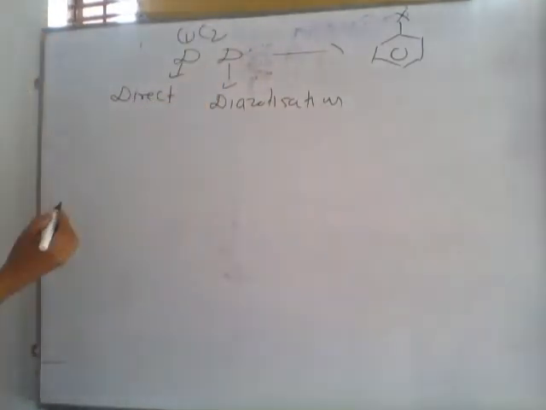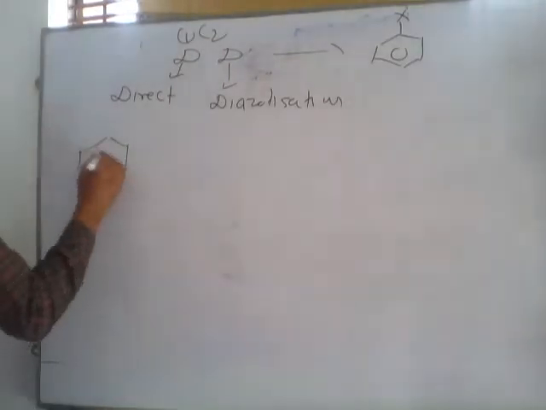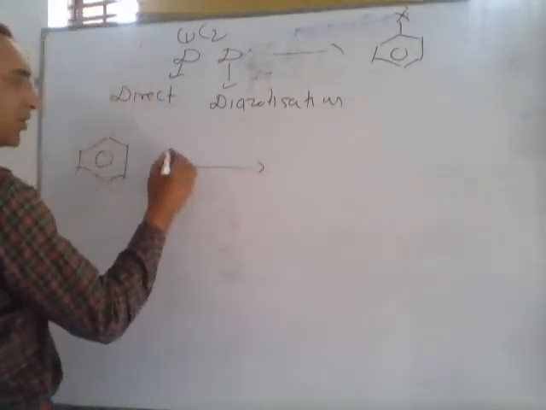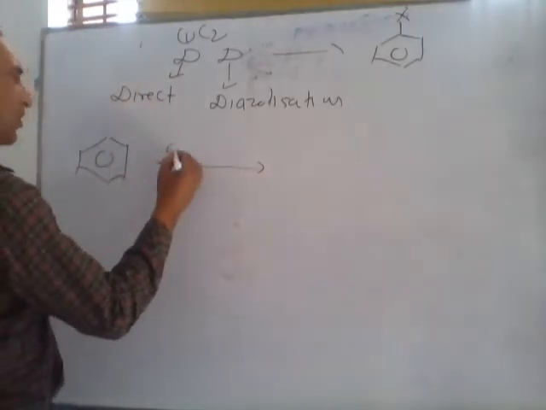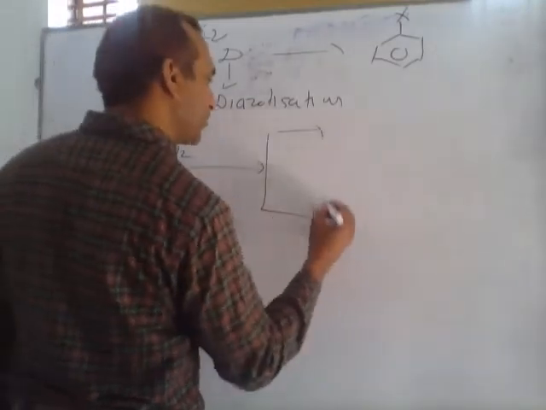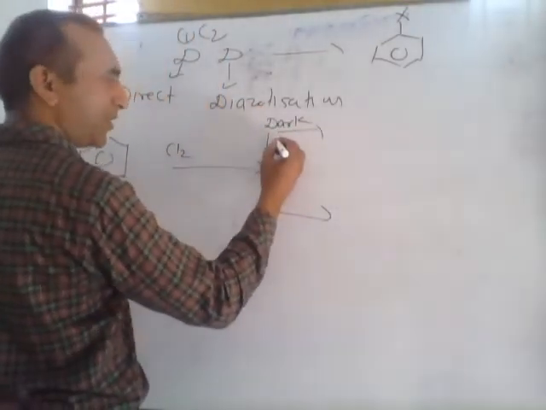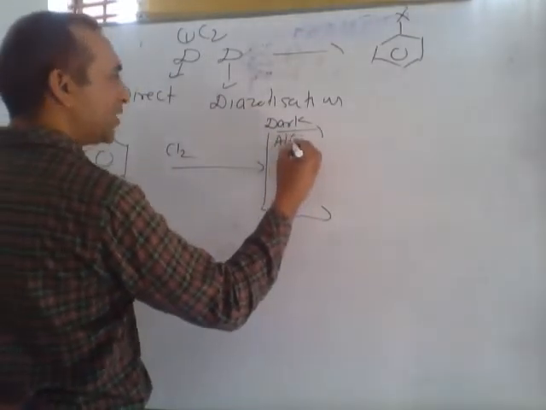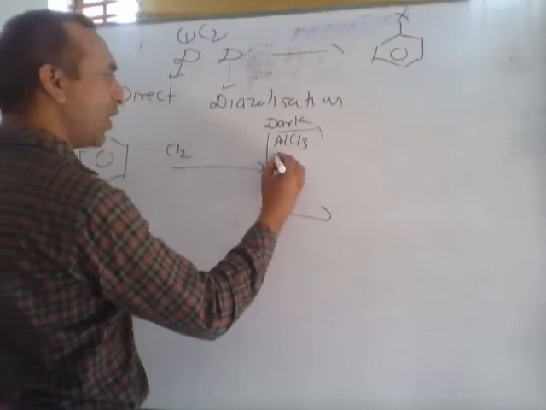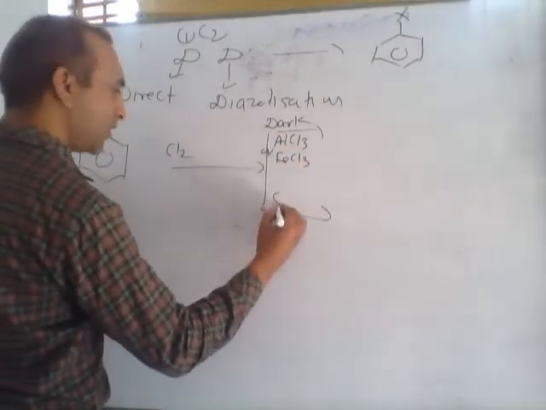First, direct halogenation. Direct halogenation means, listen, this is benzene and we are reacting it with a halogen directly. Suppose chlorine. The case may be two: the reaction happens in the dark in the presence of a catalyst, suppose anhydrous AlCl3, or you can also use anhydrous FeCl3; otherwise the reaction takes place in sunlight.